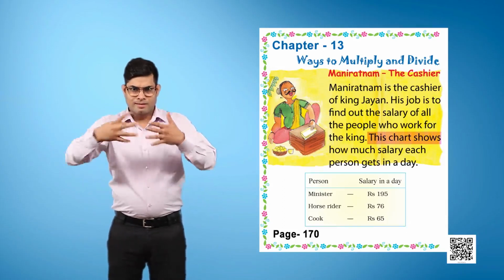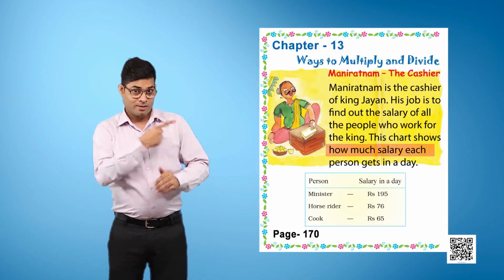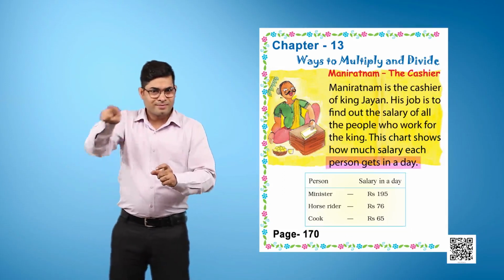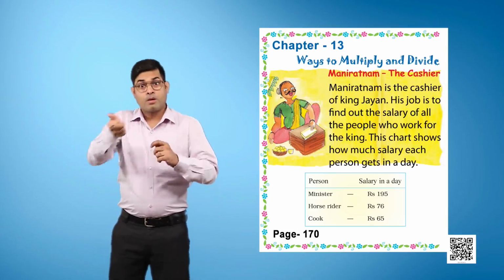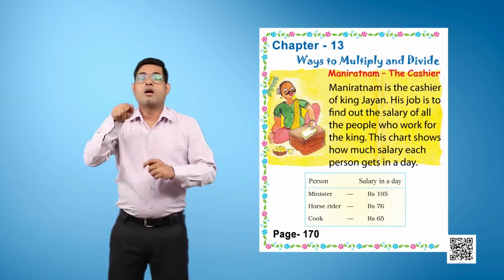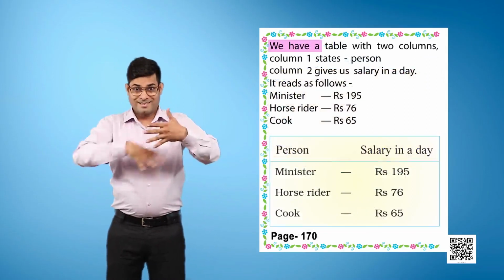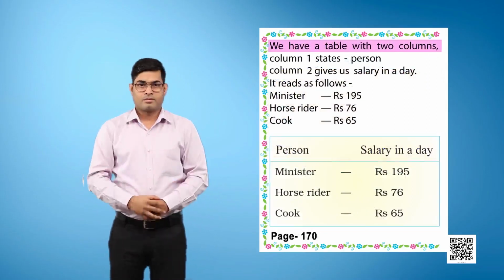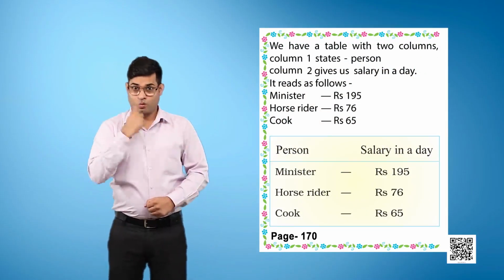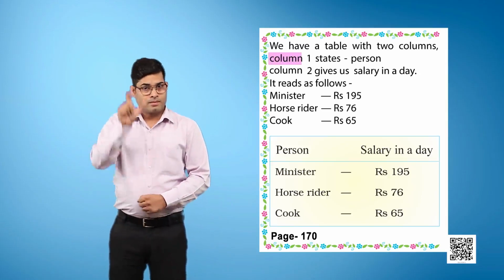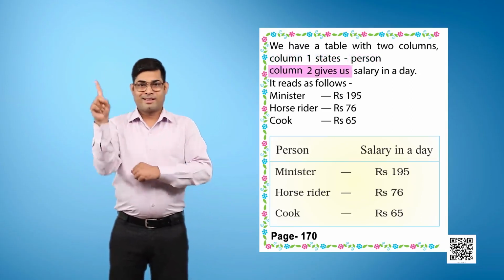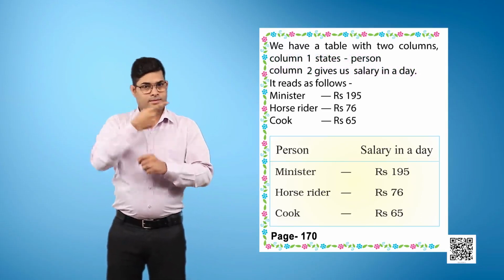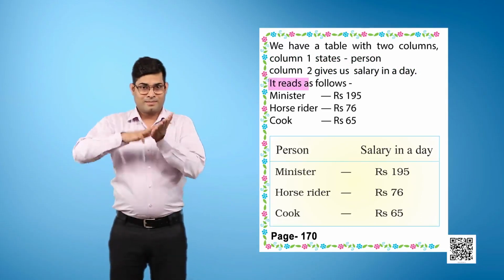This chart shows how much salary each person gets in a day. We have a table with two columns. Column 1 states person and column 2 gives us salary in a day. It reads as follows.